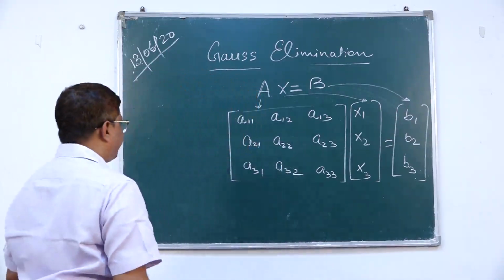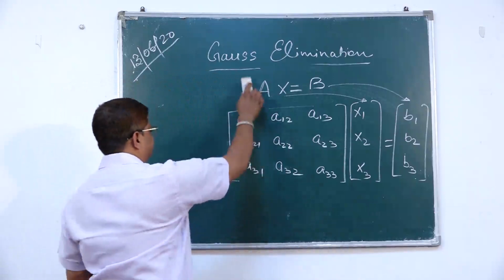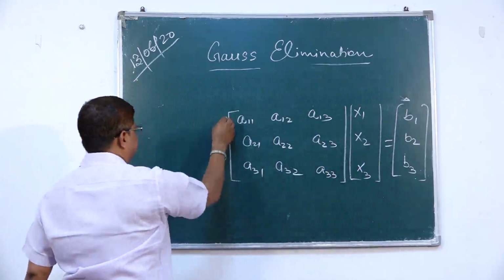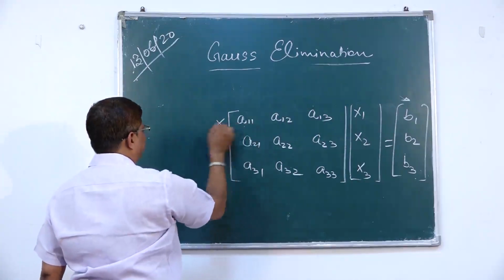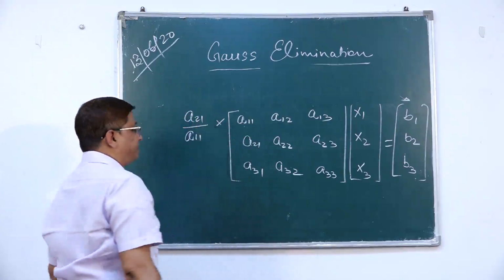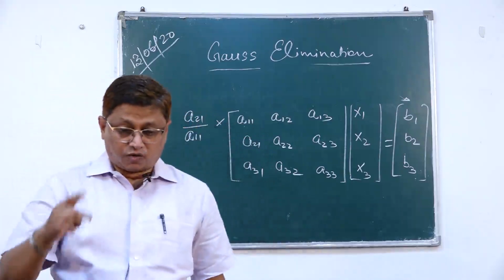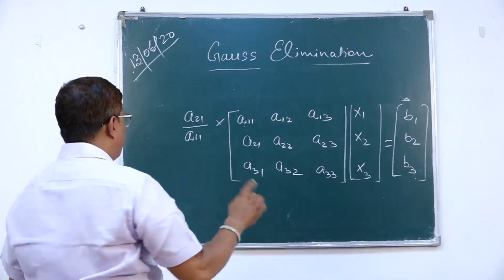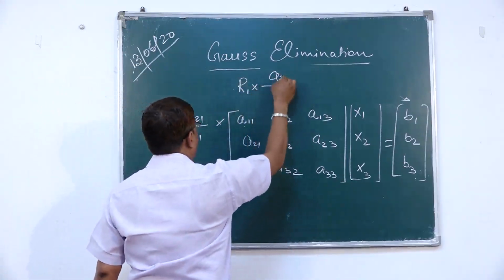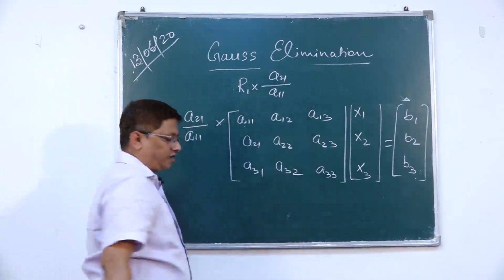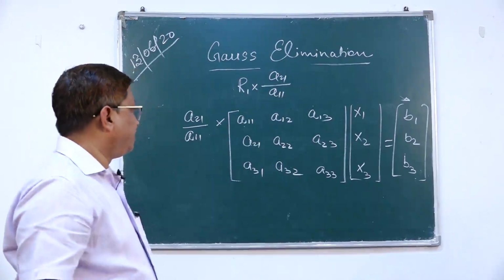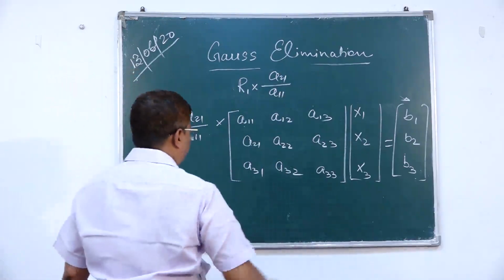In this process, this is called R1, to eliminate A21 by A11. It means we apply R1 into A21 by A11. We multiply and divide R1 by A21 by A11, on both sides.